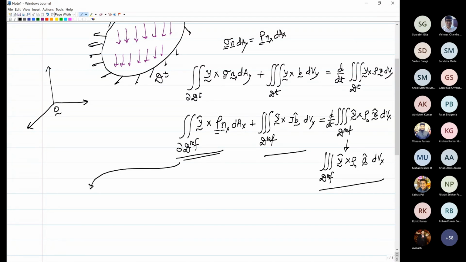Now notice that it is very much like what it was yesterday, except that we have P and x, and yesterday we had sigma and y. So we tried to go back to indicial notation, and I'll very quickly do that.